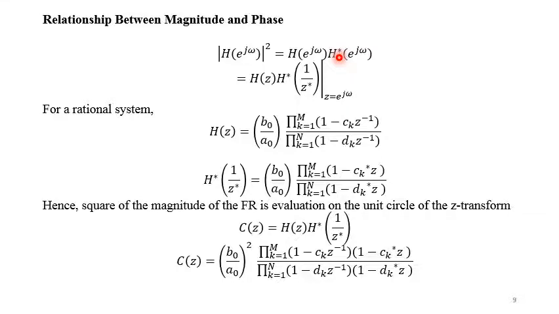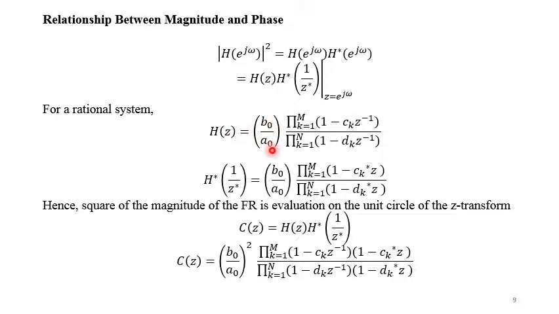If we write it in terms of the system function, we replace z by e^(j omega), so that H of e^(j omega) equals H of z, and similarly H star of e^(j omega) equals H star of 1 over z star. Star indicates the conjugate.